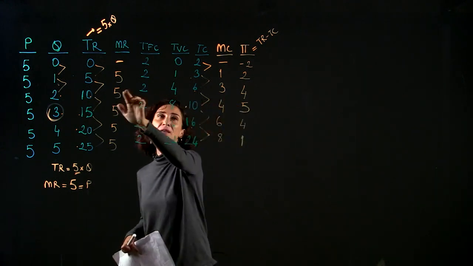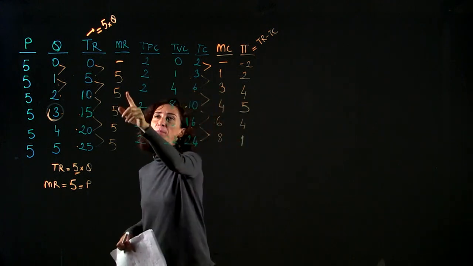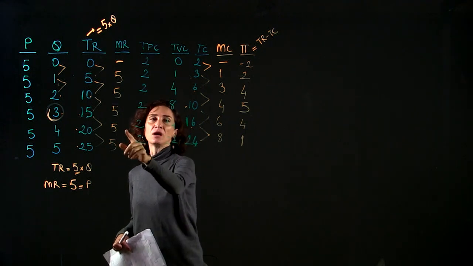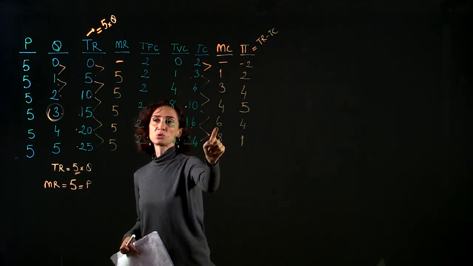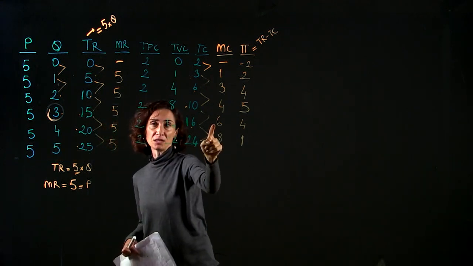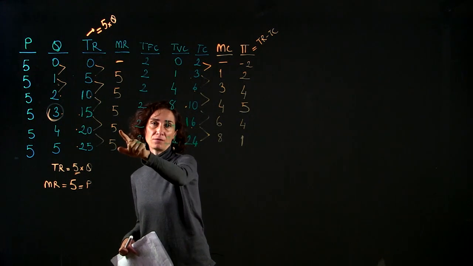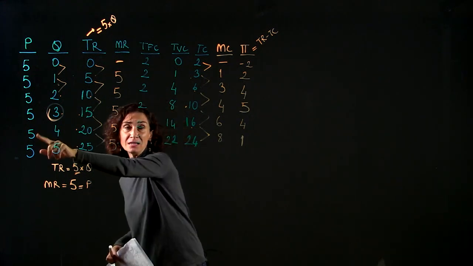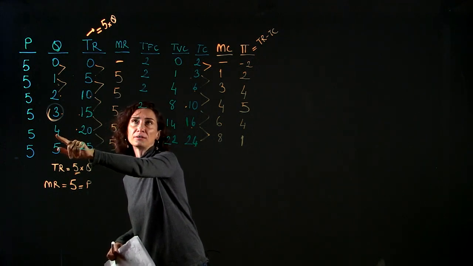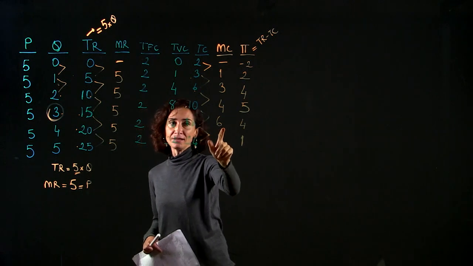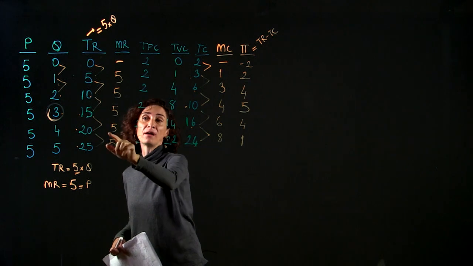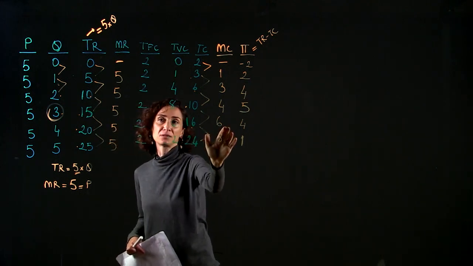So now I'm doing the same exercise by looking at marginal revenue and marginal cost. Now look at this, marginal cost for the fifth output. Marginal cost is 6, marginal revenue is 5. This means if I produce this fourth item, it will add more to my cost than to my revenue. This doesn't make sense, okay?